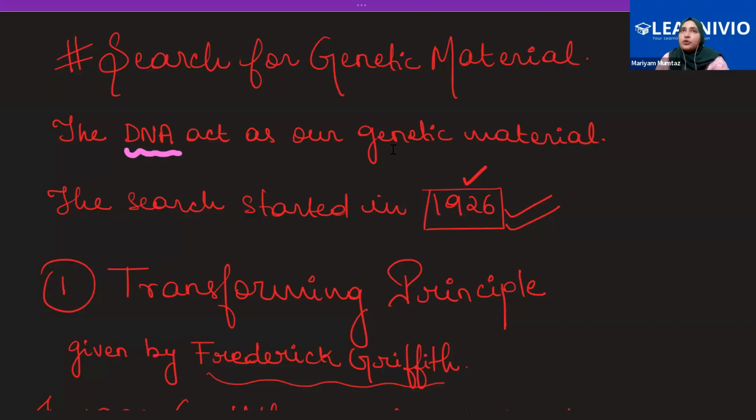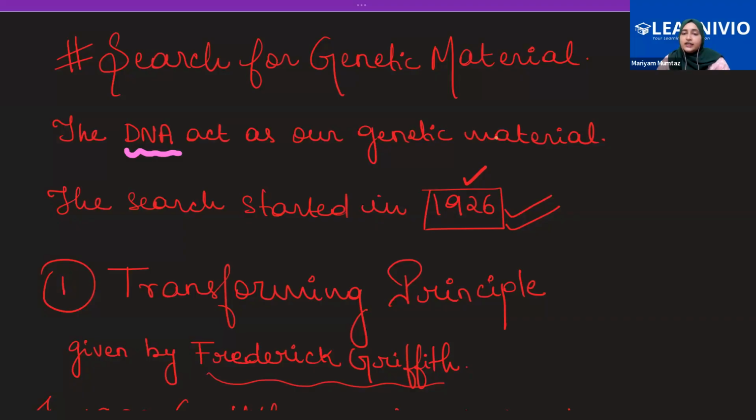People at that point of time thought that it was DNA, or it could be RNA, or it could even be protein. So they did not know what it was actually. That is why they started this search for the genetic material, so as to know its biochemical nature.